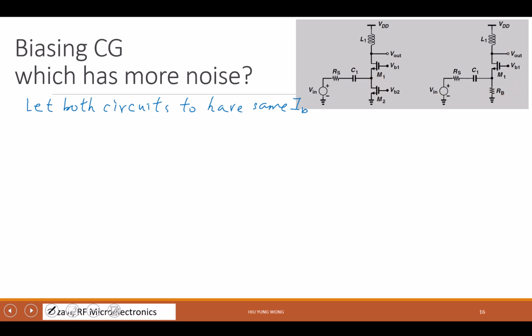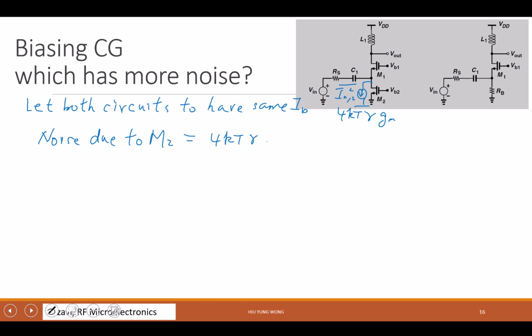In that case, what do you get? The noise due to M2, of course, is a current noise, right? Because I have a noise here, I'm going to model it as a current noise, which is IN2 square. What is this? 4kT gamma GM.